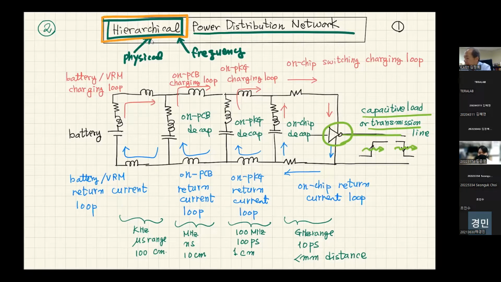When this switching current is propagating along the transmission line, please remember that the switching current and return current will instantaneously propagate at the speed of light. And this current has to come from the power supply network, and the return current has to come back.